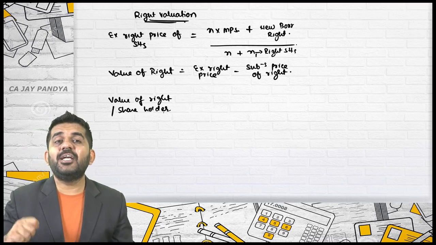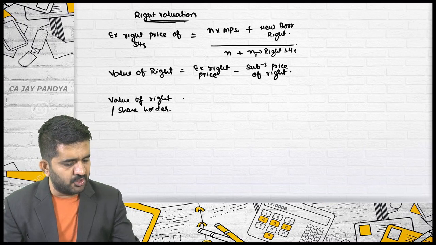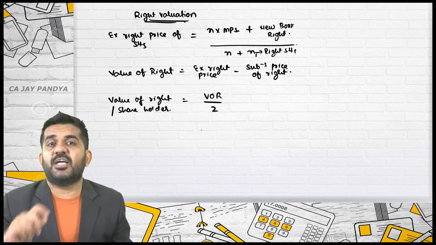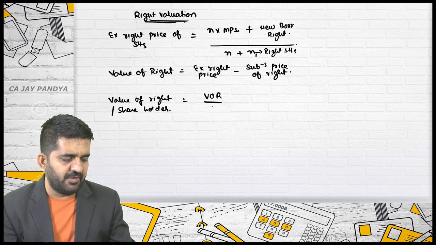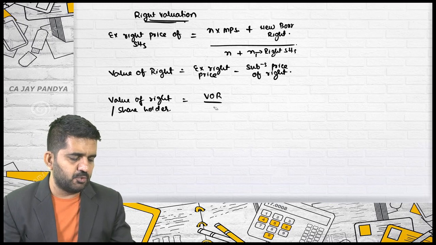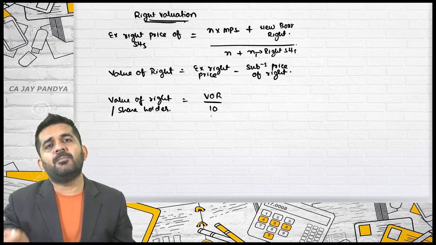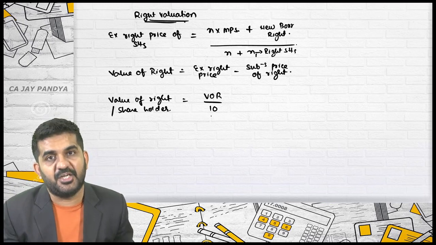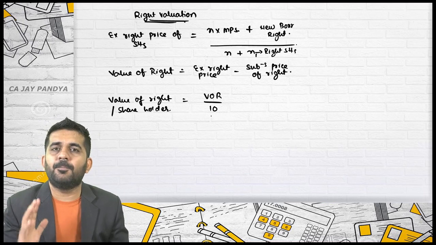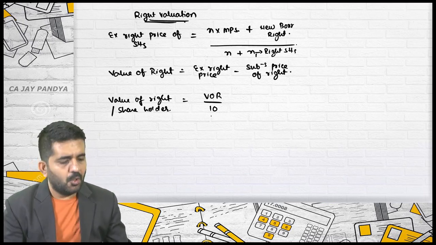So for every 2 shares, if one right was available, then this value of right would be divided by 2. For every 4 shares, if one right was available, this would be divided by 4. If for every 10 shares, one right share was available, this was divided by 10. So the total value is divided by the number of shares for which you get one right share, so that you get the value of right per share you are holding.